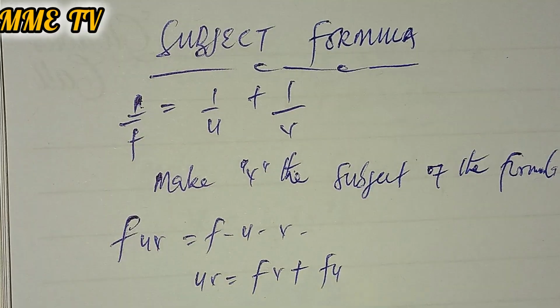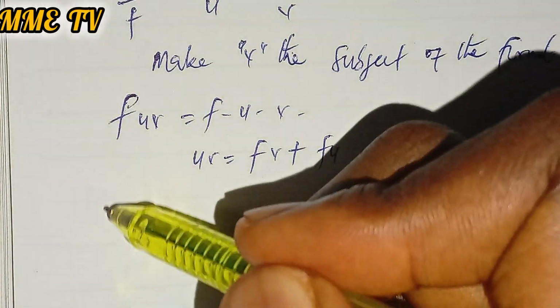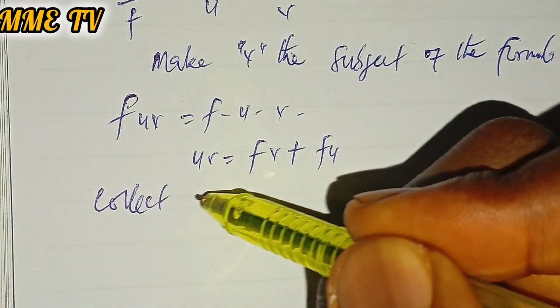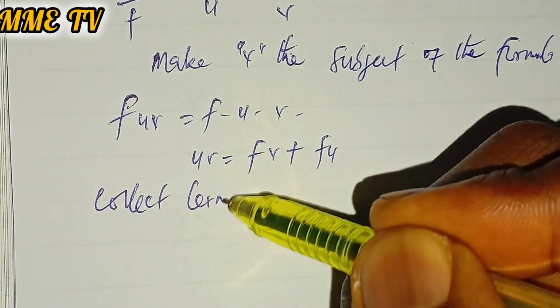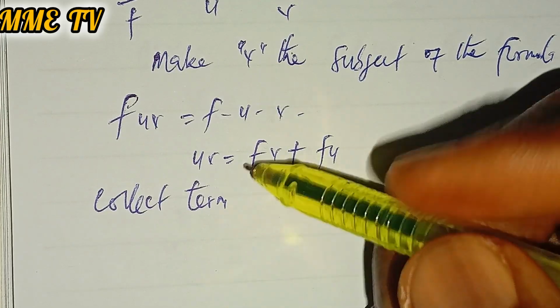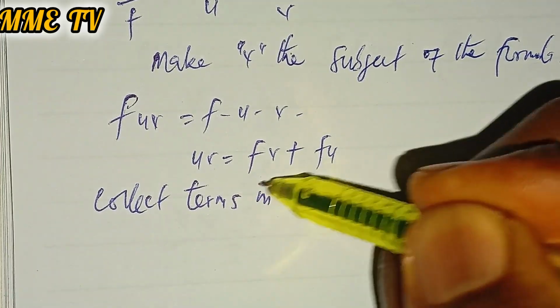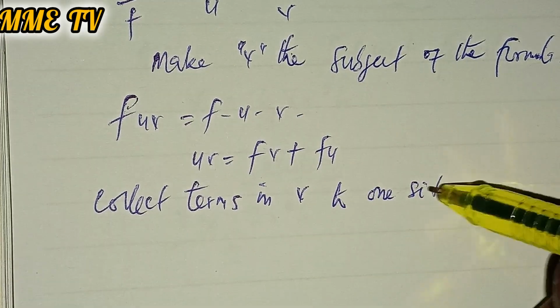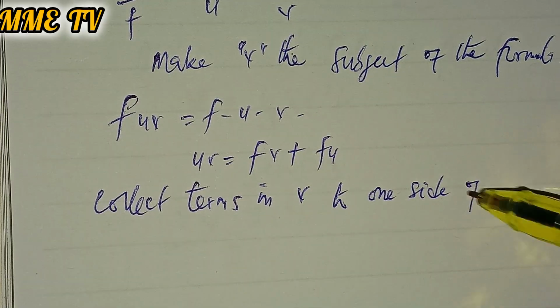Now, on this particular context, we're going to now collect the terms which can be referred to as like terms in V to one side of the equation.